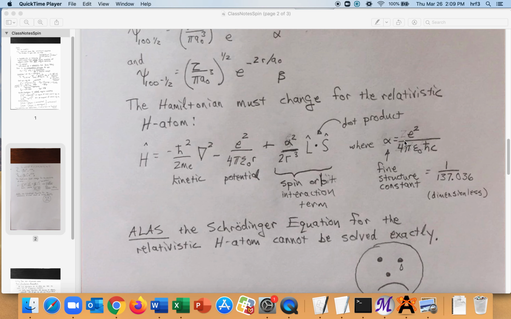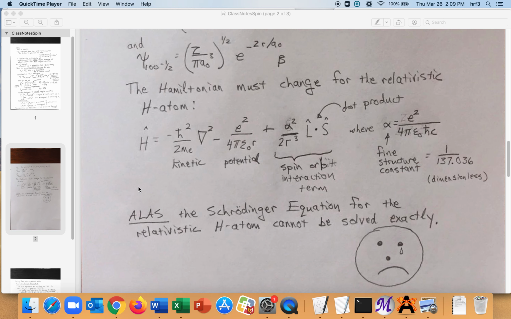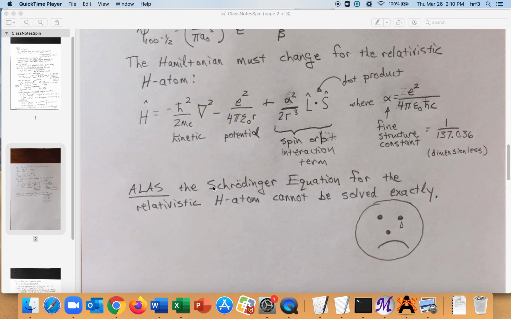It's dimensionless. You can get it from fundamental constants, where we got the charge on the electron squared over 4 pi epsilon naught, permittivity of free space, h bar, and speed of light. Lo and behold, put all that together and you get 1 over 137. Anyway, the number 2 and then r cubed, that's the distance, again, to the electron. But once you put this term on, alas, the Schrödinger equation for the relativistic hydrogen atom cannot be solved exactly.